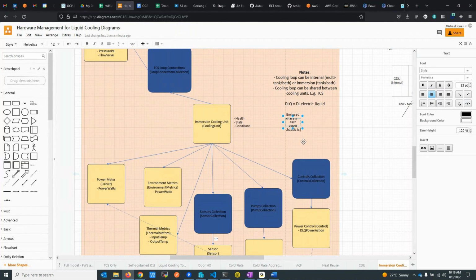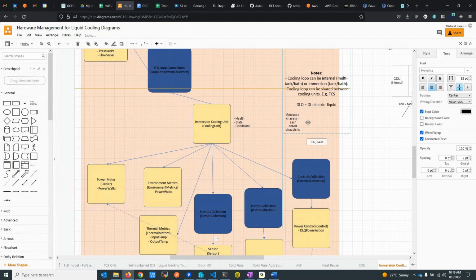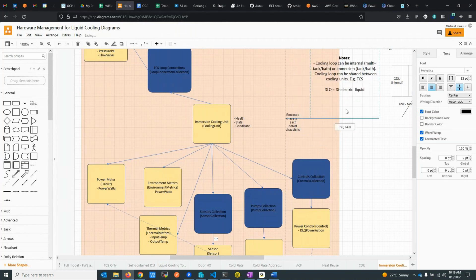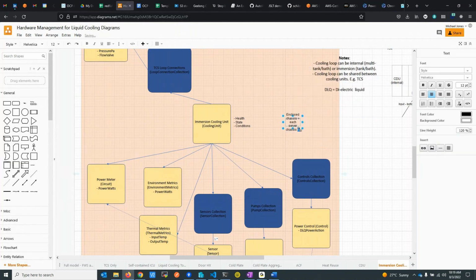Is called separately. Is that what we're saying? Yes. So is enclosed the correct terminology? Enclosed chassis. Yeah. And would have its own set of sensors.